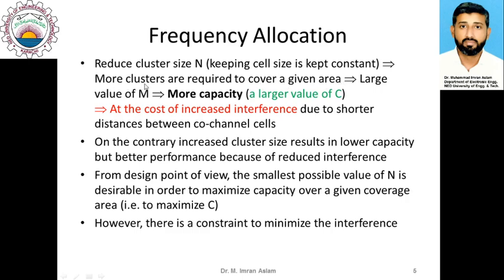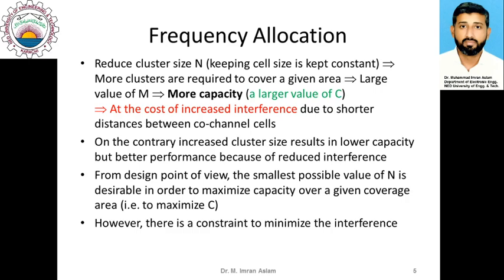Eventually, if we are using more clusters to cover a region, it will lead to a large value of m, and having a large value of m would result in more capacity of the system, because that will give you a larger value of C.